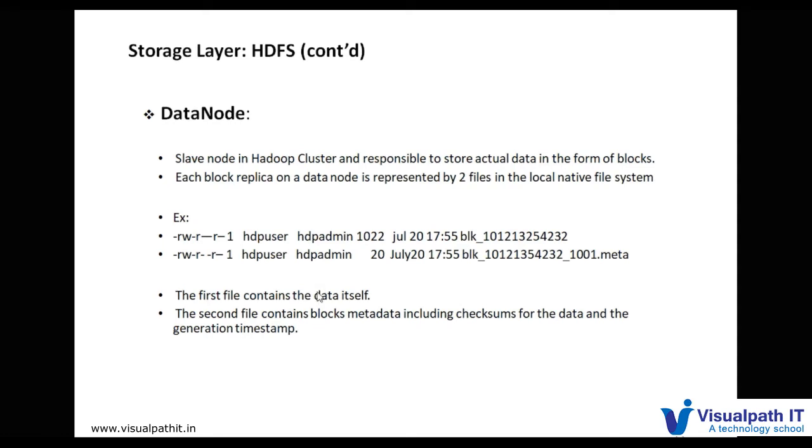The second file contains the block's metadata, including the checksum for the data and the generation timestamp, meaning the date you generated the file block. All this information is stored in the metadata file of the data node.